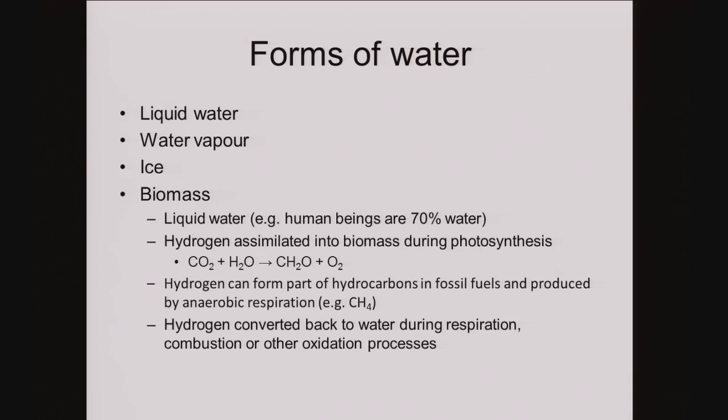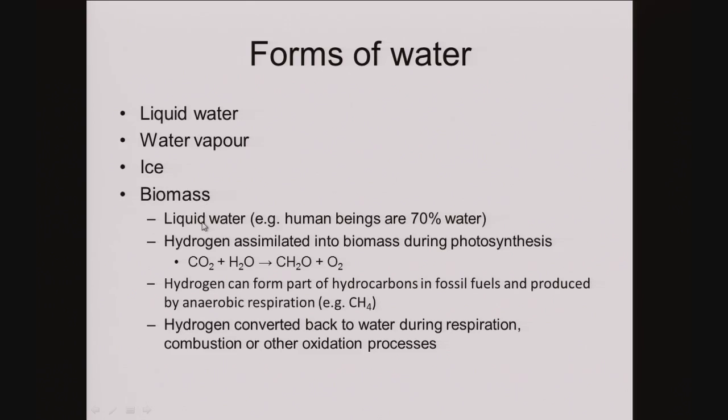Briefly, I want to talk about different forms of water. For this course, you need to know, so it's just basics really, that water can exist in the form of liquid water, obviously, water vapour, ice, and biomass is another important source of water.